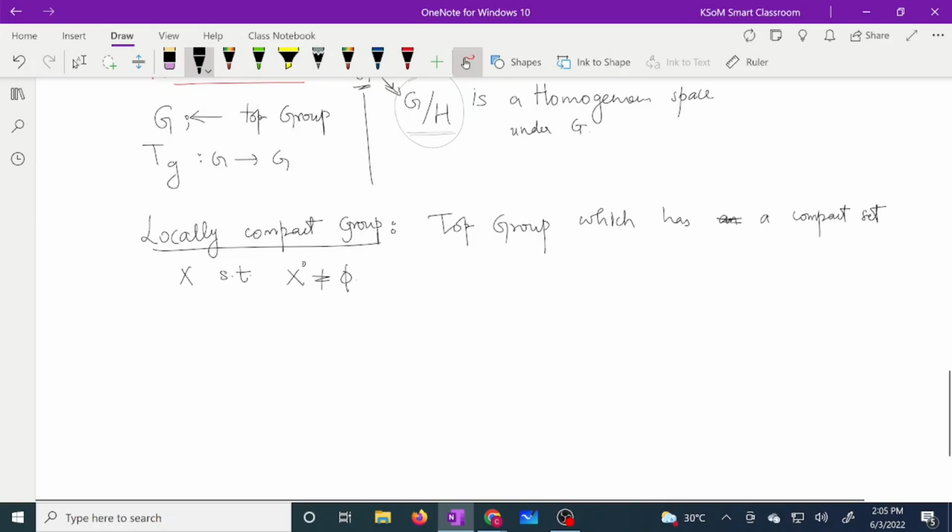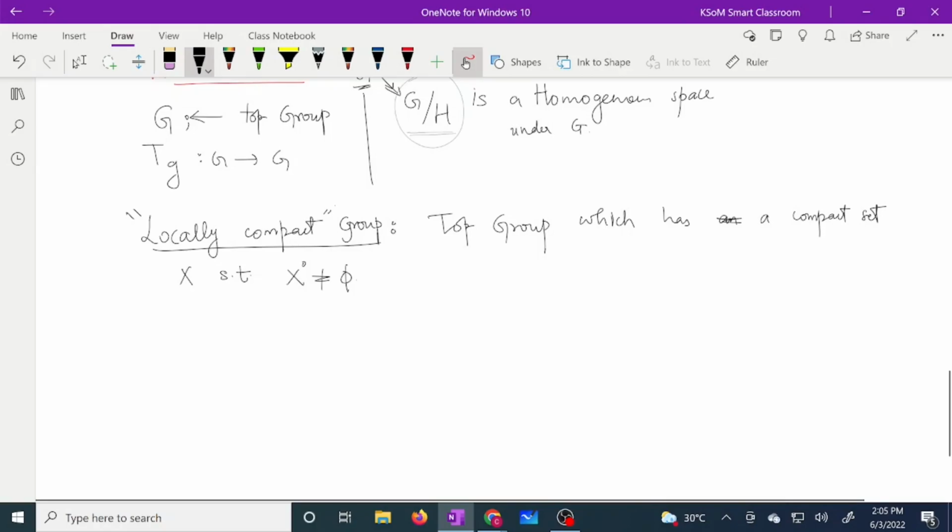So the terminology comes from a locally compact topological space, where it is enough to have a compact neighborhood around a point. So every point should have a compact neighborhood. That is basically the definition of a locally compact space. But because, as I said, you can translate sets, right?